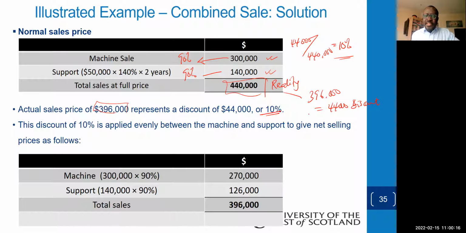So in reality, this 396, and you've seen that we did a similar example in the previous slide, so apply 90% to this and 90% to the total 140, and it still jives with our 396, which we actually sold to the customer. Is that all? What about the prorata for the very first year? So this actually comes to 126, should we leave it that way, or should we prorate it?